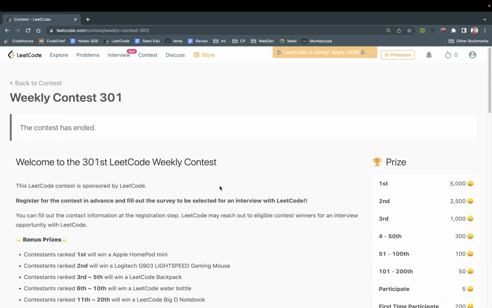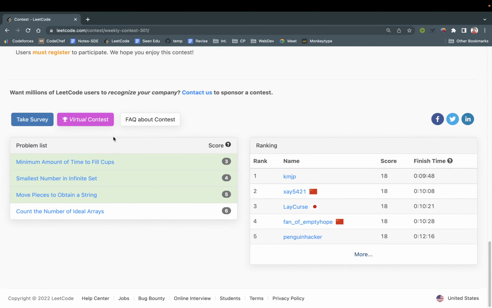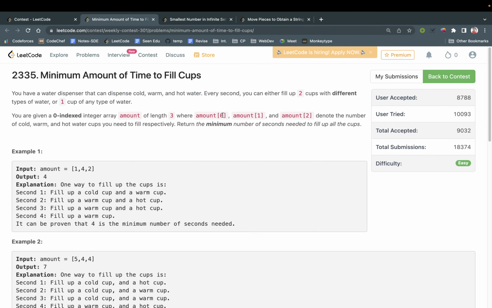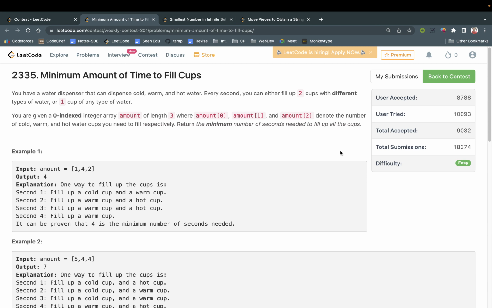So now the contest is over. We are going to discuss the first three of these problems. In the first problem, we are given three cups, amount one, amount two, and amount three, and we have to fill them with amounts zero, one, and two.